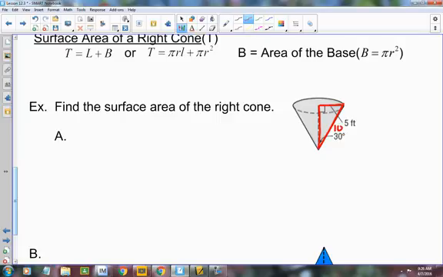So my lateral is pi times the radius times the slant height. My radius is 5, and my slant height is 10. So my lateral is 50 pi, which is approximately 157.1 feet squared.